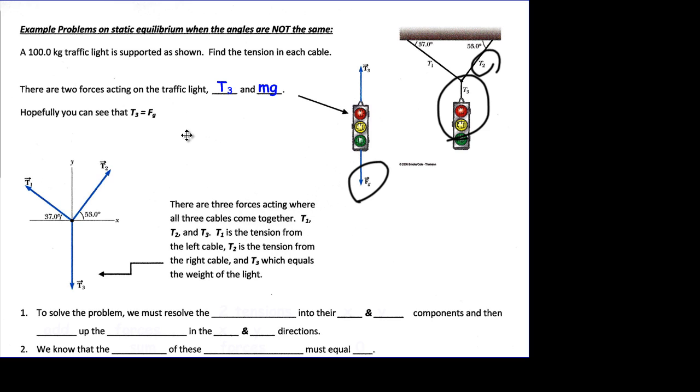So as far as the traffic light goes, T3 is pulling up, the weight, or Fg or mg, is pulling down, and so you can figure out that T3 and Fg are equal to each other. So if we know the traffic light is 100 kilograms, that means it is 1,000 newtons, so T3 is 1,000 newtons.